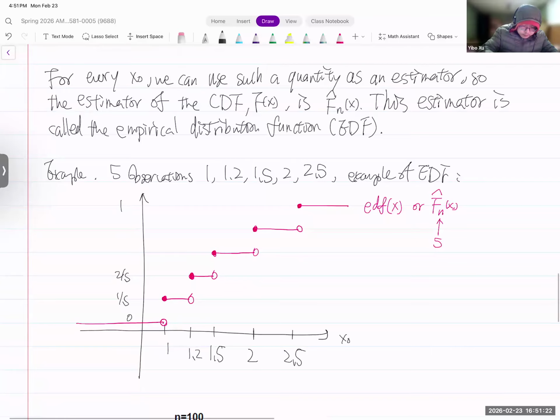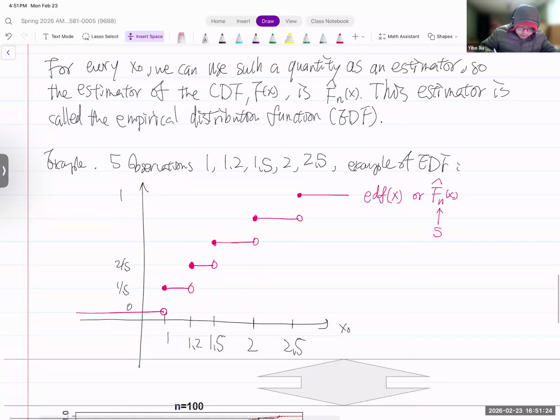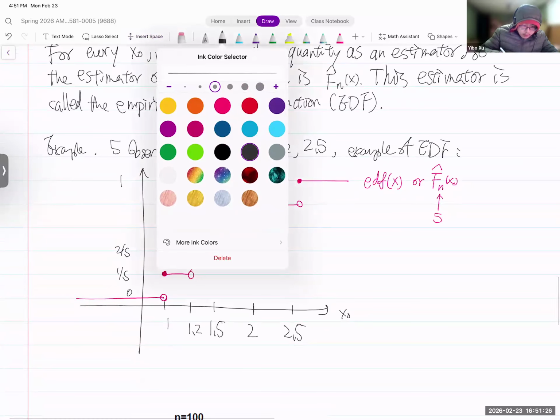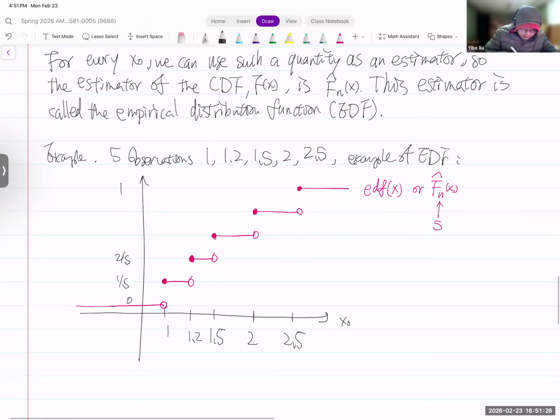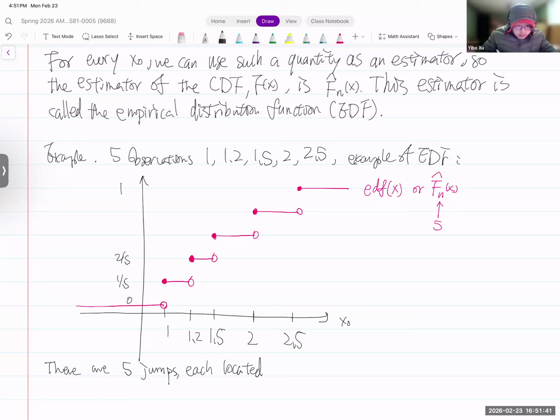Here, there are 5 jumps, each located at the position of an observation.